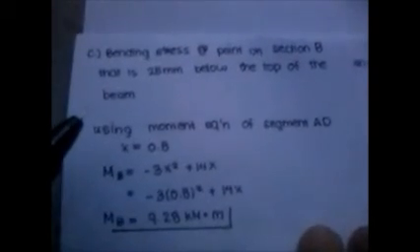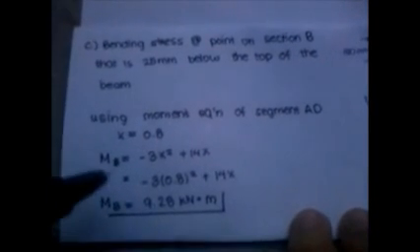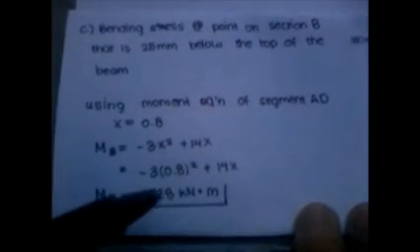Now we solve for the moment of inertia by using the formula bh cubed over 12, which yields 80 times 10 to the negative 6. We are required to solve for the bending stress at a point on section B. Using the moment equation of the segment AD, the moment is equal to 9.28 kilonewton-meter.